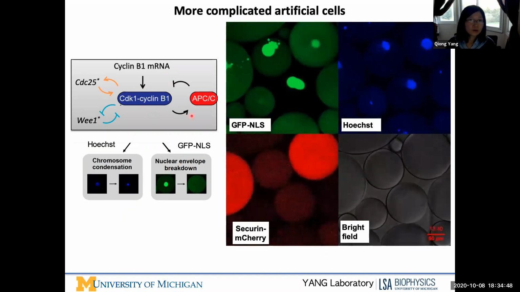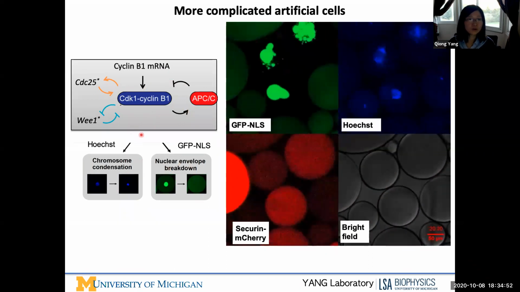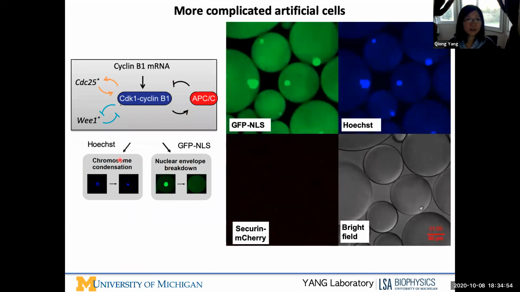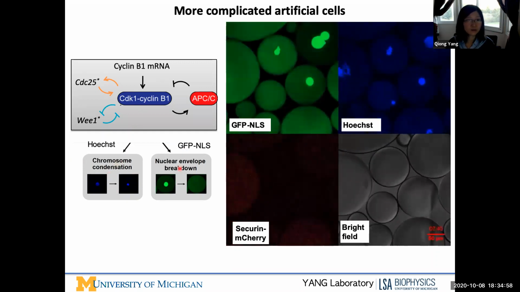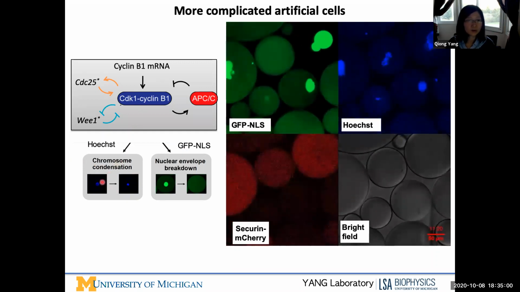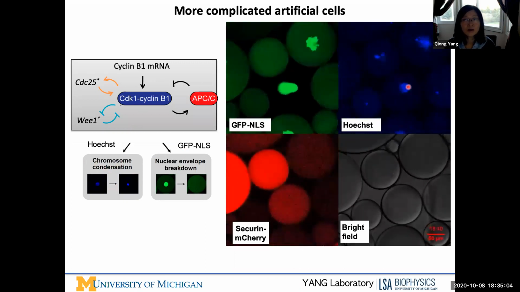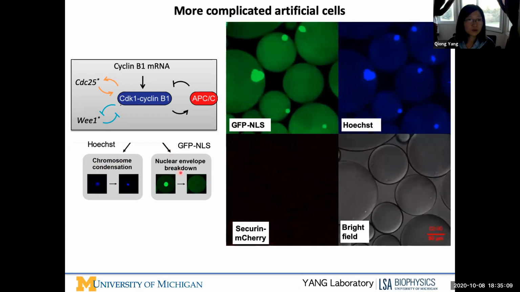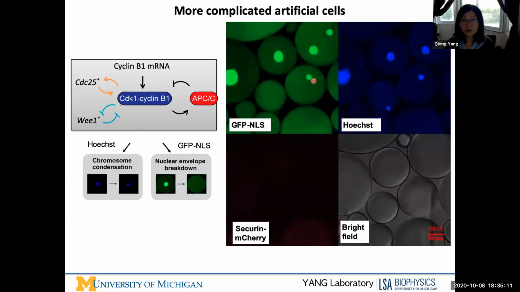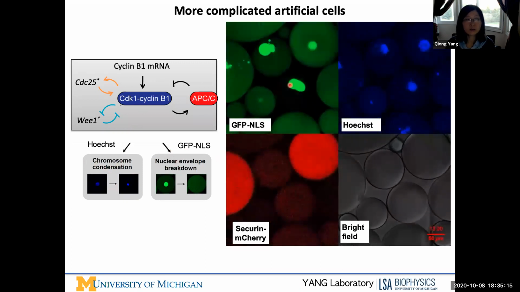What's interesting is that this cell cycle seems to be functional to drive the rhythmic dynamics of two downstream events. One is chromosome condensation and decondensation, as you see in the blue here. Simultaneously, it controls nuclear envelope breakdown and nuclear reformation. This is in the green channel.